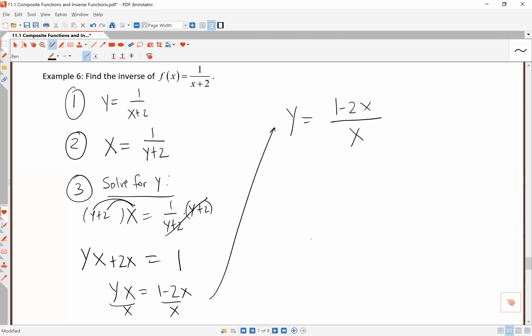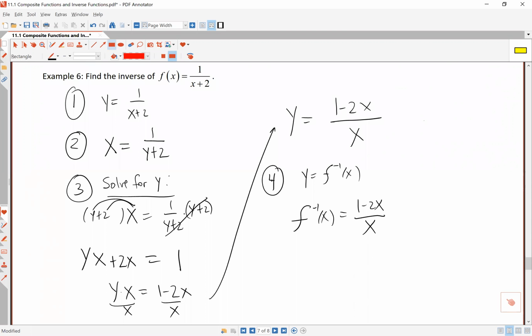Last step, we have found the inverse. y is equal to f inverse of x. The inverse function is 1 minus 2x over x. And so there's the inverse of our function. And so we circle that.